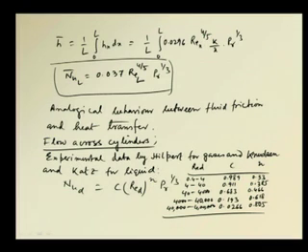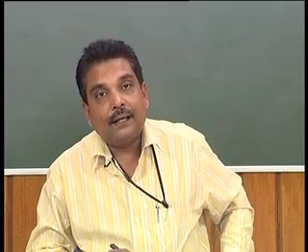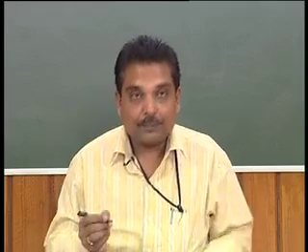Okay, and one thing here is that the fluid properties are evaluated at the film temperature T_F. T_F means the average of the wall temperature of the tube and the free stream temperature of the fluid, so T_W plus T infinity by 2.